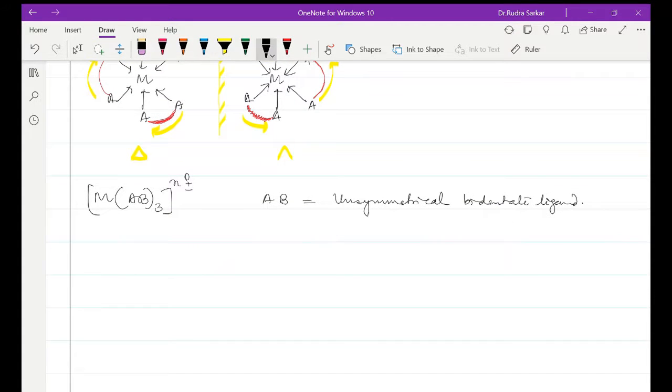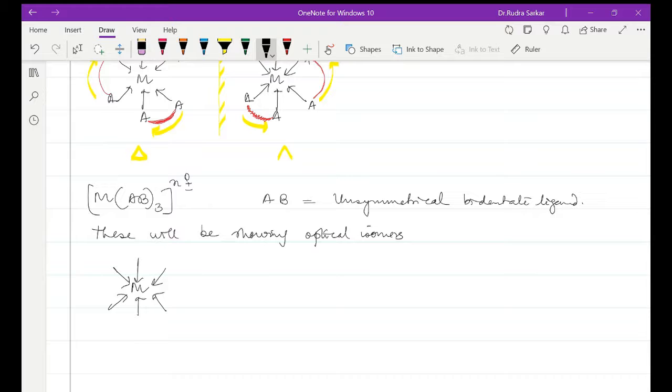Now over here what we can think, it all depends on how the placement of the donor atoms happens out here. So again, for sure we will only be having over here optical isomerism possible. This will be showing optical isomerism.